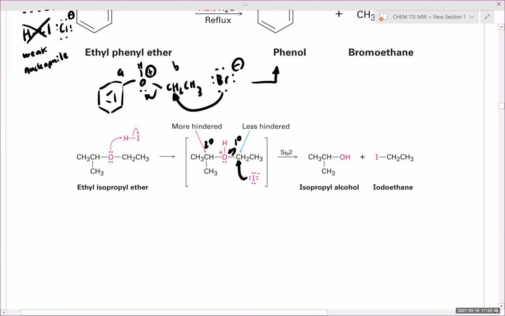So we'll attack the less hindered position, and as a result, we'll generate a highly substituted alcohol and a relatively unsubstituted alkyl halide.